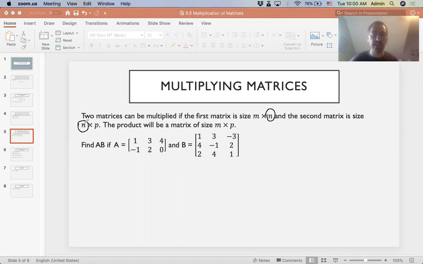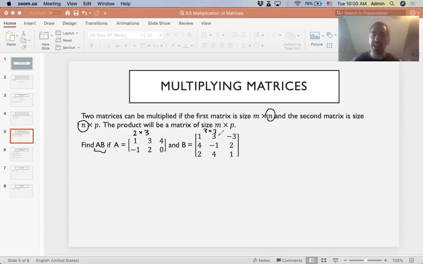Okay, let's look at an example. We're trying to multiply two matrices to find A times B. Matrix A has 2 rows and 3 columns, so matrix A is a 2 by 3. Matrix B has 3 rows, 3 columns, so matrix B is a 3 by 3.